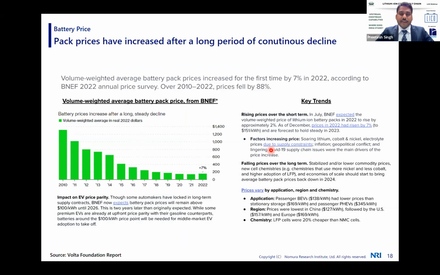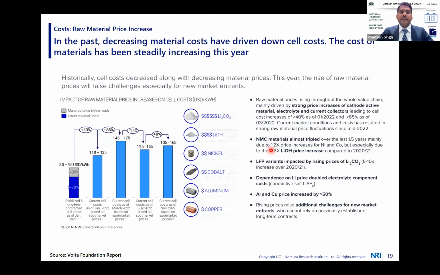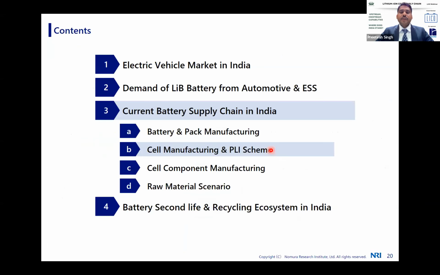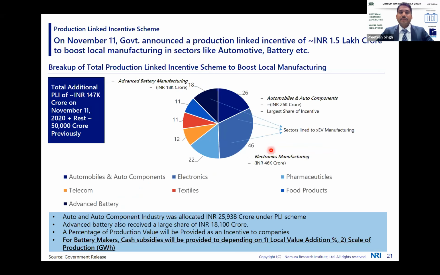Why this is extremely important for automotive OEMs in India is that, for the first time in several years, battery prices have gone up, mainly because of increasing raw material prices. So in order to have control over the demand, they need to be present across all parts of the value chain. That is how cell manufacturing from all angles becomes very important in India.